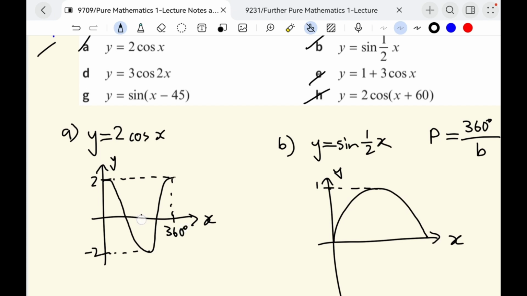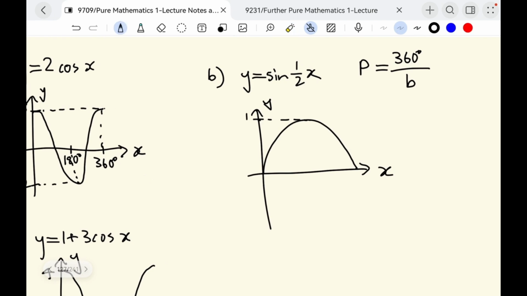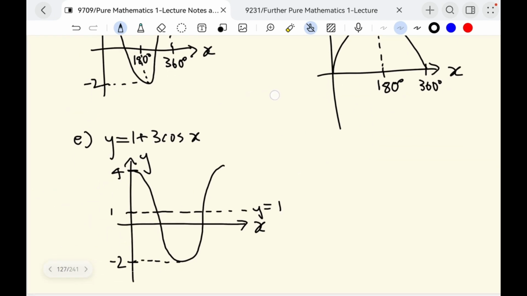Alright, oh sorry. I forgot to remind you that after you sketch the graph, it is better for you to label at which x coordinate, what is its value, what is its y value, to make it clear to the examiners. Okay, this also guarantees your higher score.